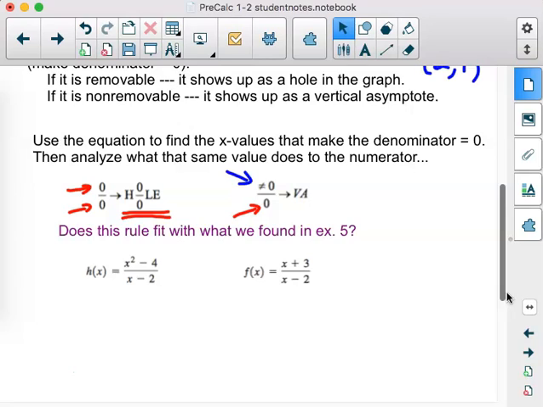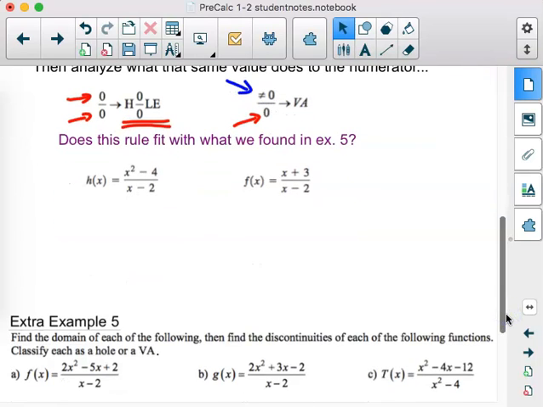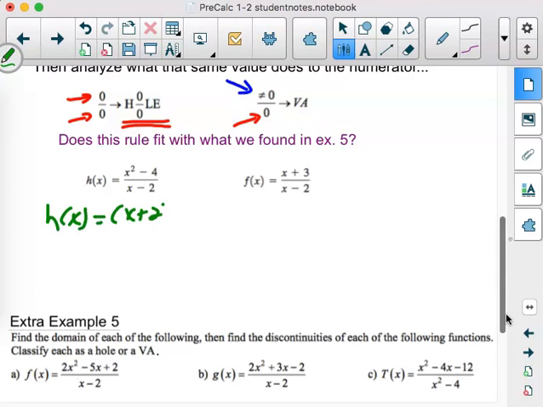So holes only happen when we could cancel them out. That's when it happens. So that rule absolutely fits with what we found in example 5. For h of x, we can factor, and we can cancel.